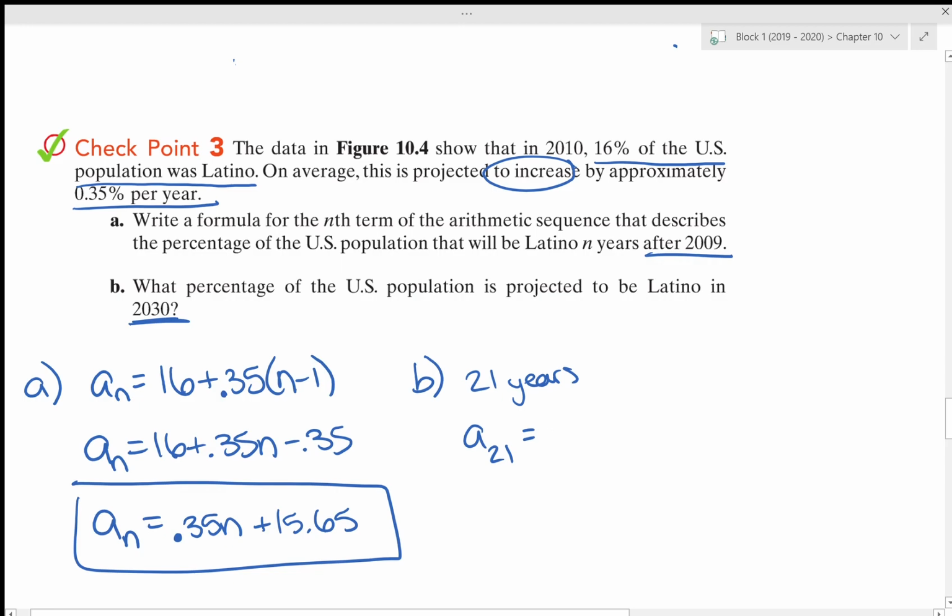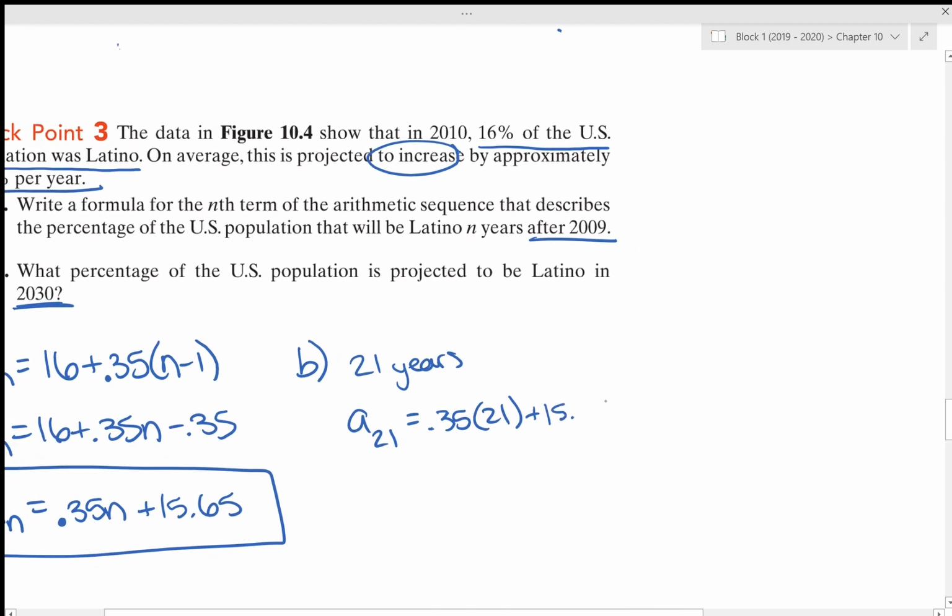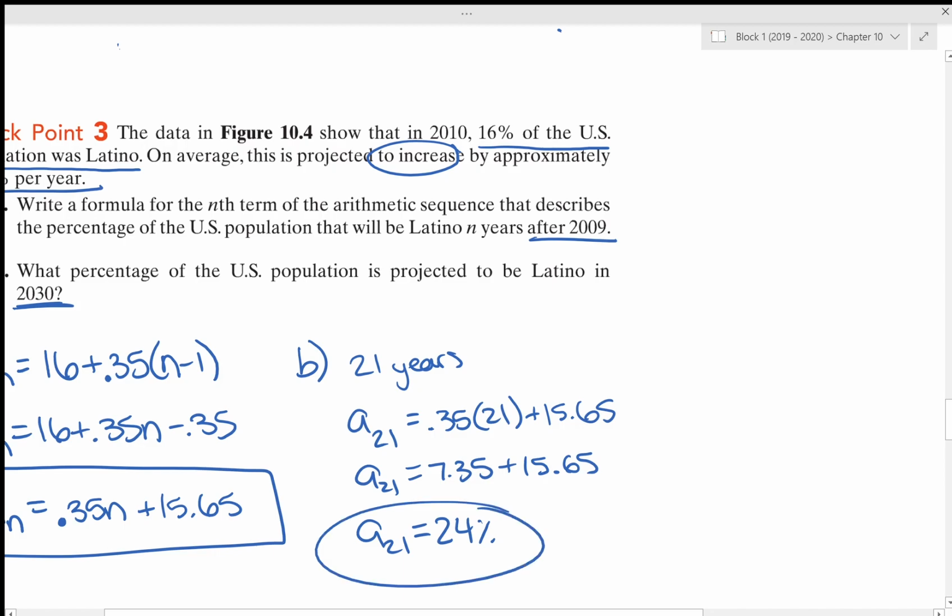So I'm going to do 0.35 times 21 plus 15.65. 0.35 times 21 is 7.35 plus 15.65. I'm going to get 24%. So it's projected to go up to 24% by the year 2030.